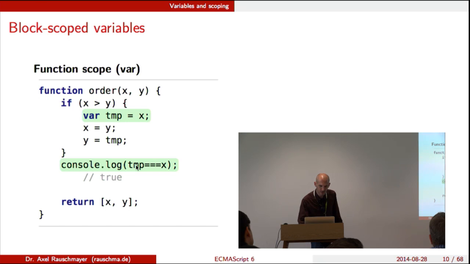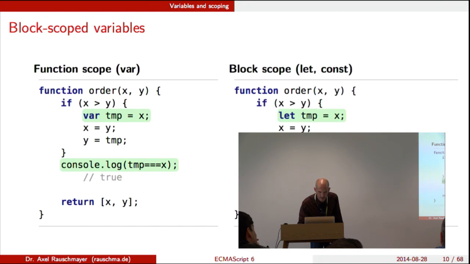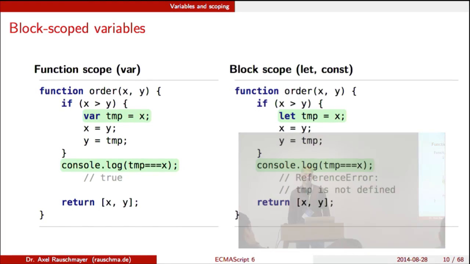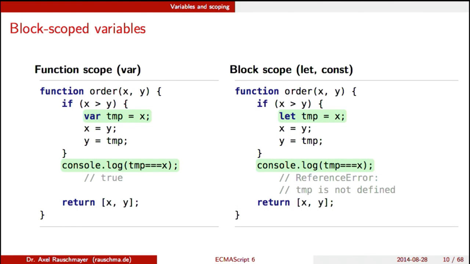You'd expect from other languages such as C, Java, C++, C#, to get an error if you use temp down here. And thankfully, ECMAScript 6 has let, which is kind of the new var, and here you get block scoping, finally. So that's really nice.